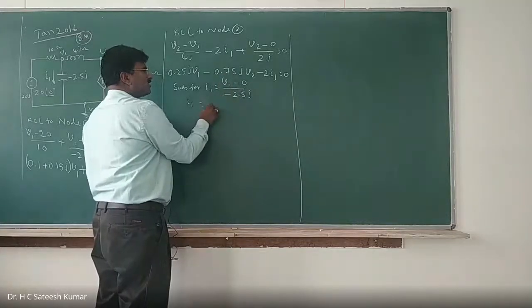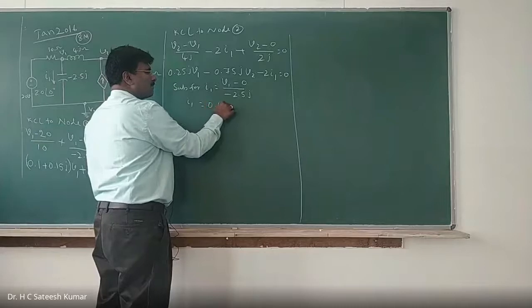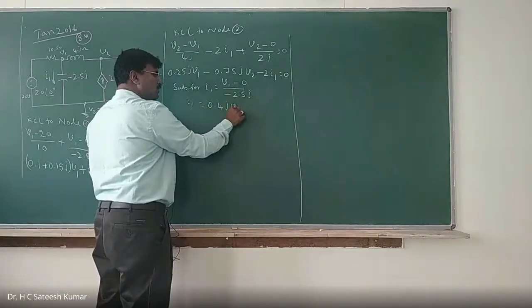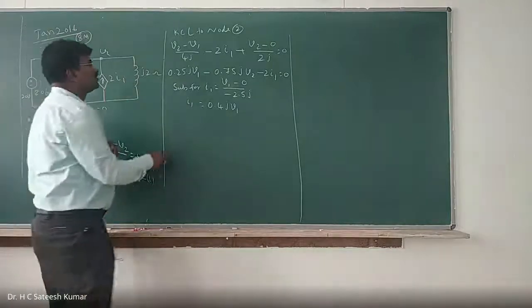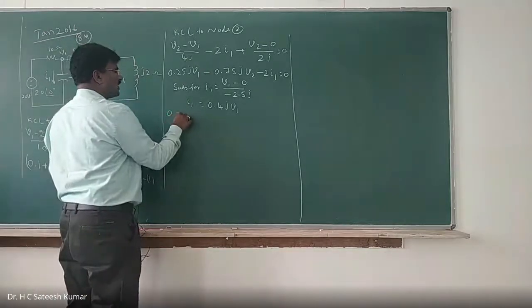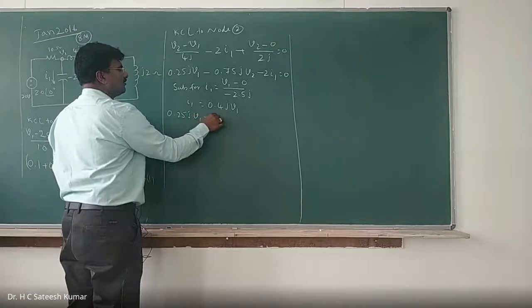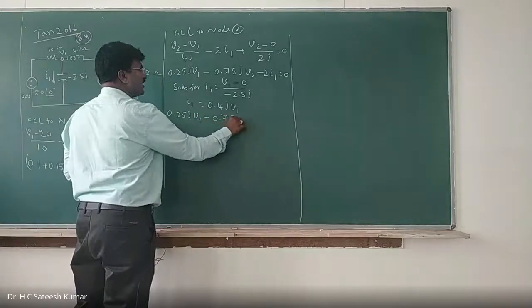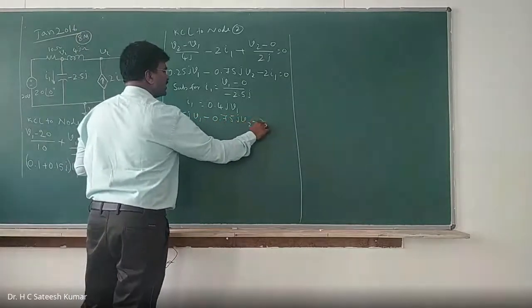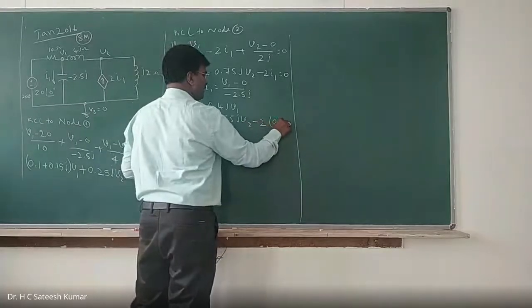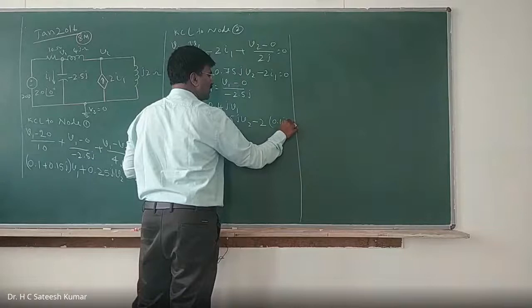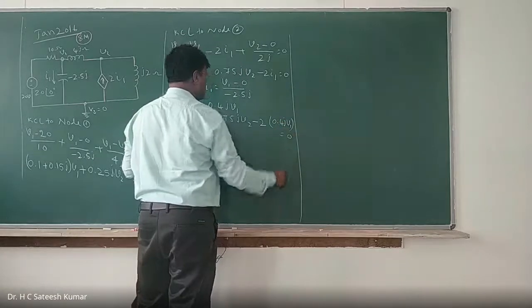So I1 is 0.4j into V1. Substituting in that equation: 0.25j into V1 minus 0.75j into V2 minus 2 into 0.4j into V1 is equal to 0.